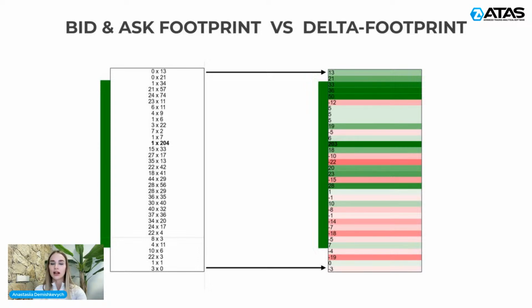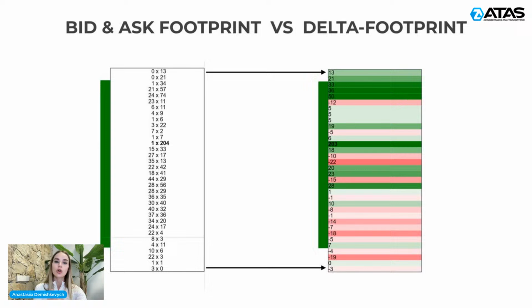Let's move on one row lower. We see the bid 0 and the ask 21. Delta is ask minus bid, which equals 21. So the second row on the delta footprint chart also shows the number 21, and the cluster is also green, which shows there are more asks than bids in this specific cluster at this specific time.